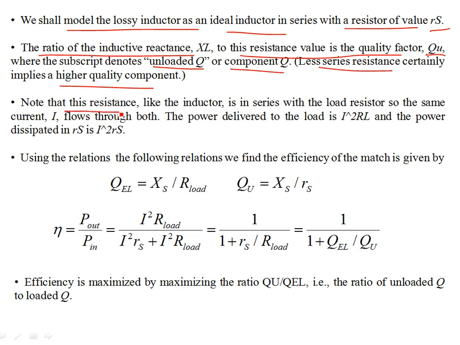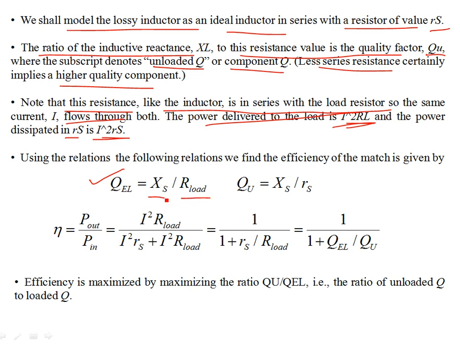Now, note that this resistance, like the inductor, is in series with the load resistor, so the same current flows through both. The power delivered to the load is I square RL, and the power dissipated in the series resistance RS is I square RS. Given the relationship of the circuit Q, this is the circuit Q where you have the load.